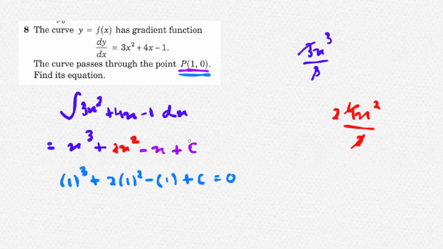Now, let's solve our equation for c. 1 cubed is 1, 2 times 1 squared is 2, minus 1 plus c is equal to 0. Therefore, our final value for c will be equal to minus 2.